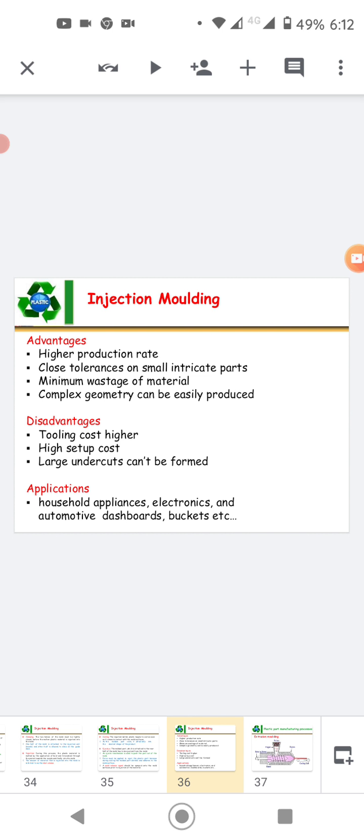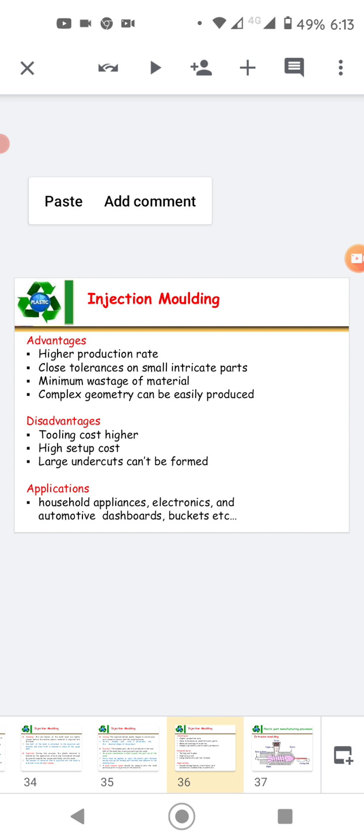Cost of production for compression molding is very low, and transfer molding cost of production is medium. Injection molding cost of production is very high.